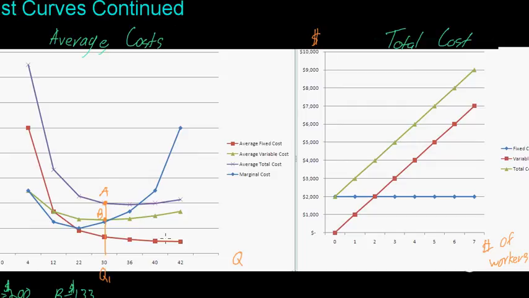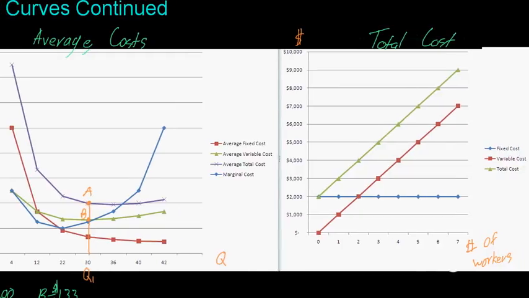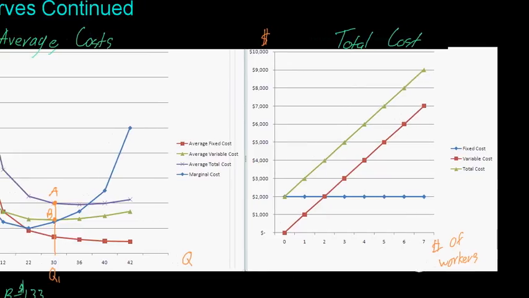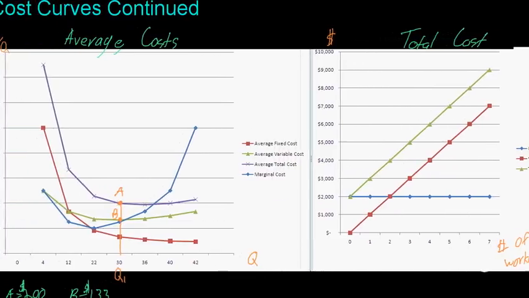With 1 worker we made 4 surfboards, with 2 workers we made 12, with 3 workers we made 22, etc. I could have just transferred these numbers over, but I left it as is because I have to pay $1,000 per worker in my variable cost, so you can see the exact relationship there.